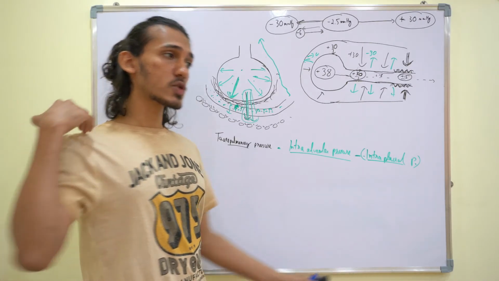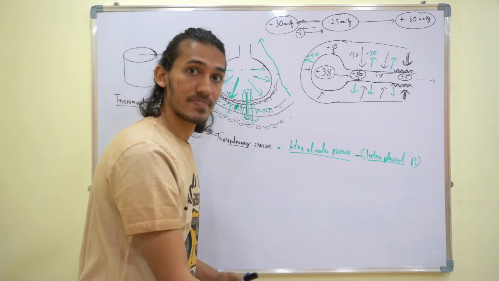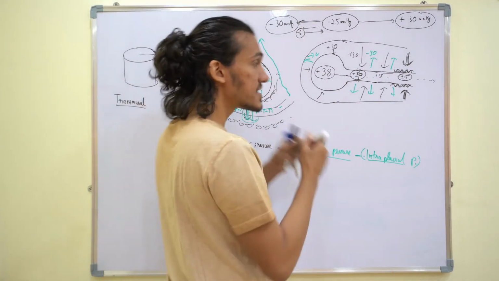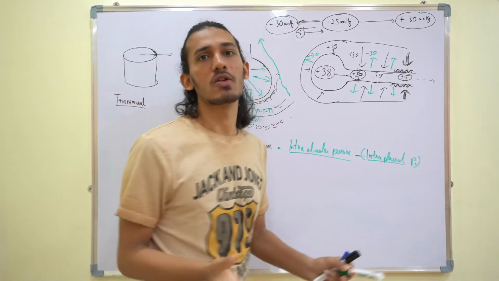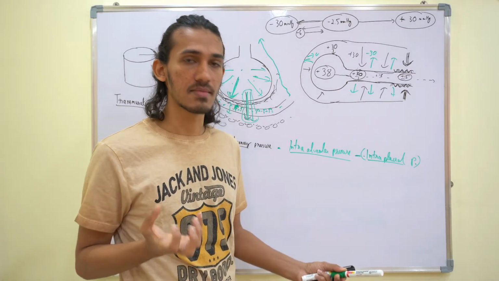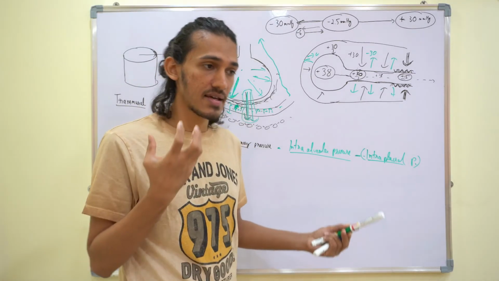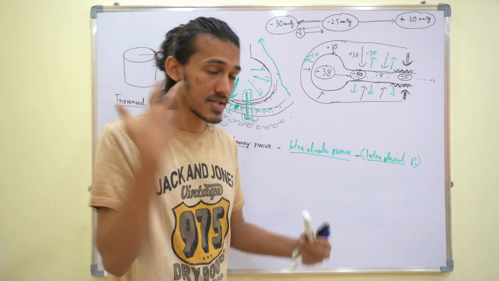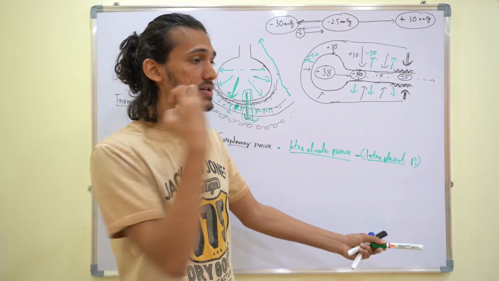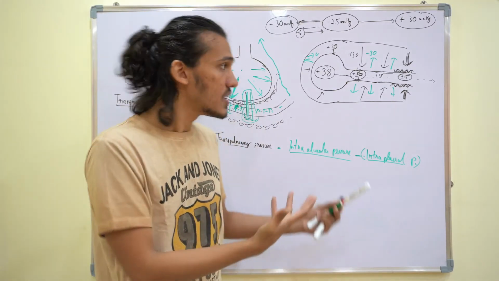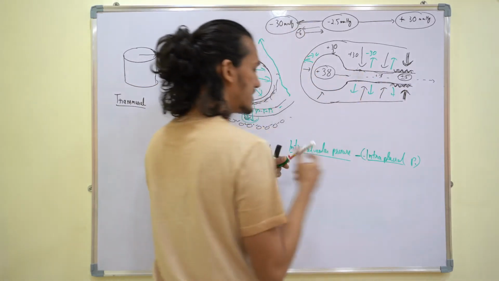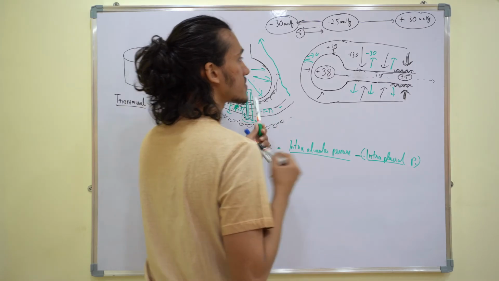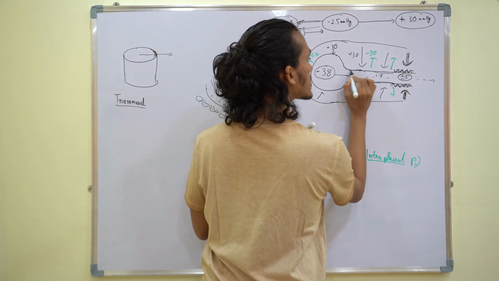Now this person is trying to expire, right? So in this individual, there is some sort of obstruction already, like he has some disorder, like emphysema, COPD, or asthma. So some sort of obstruction is already there.